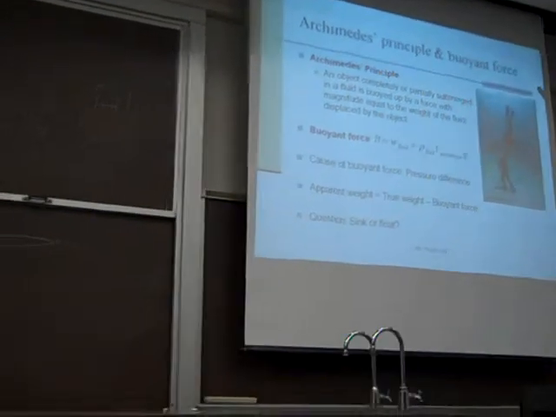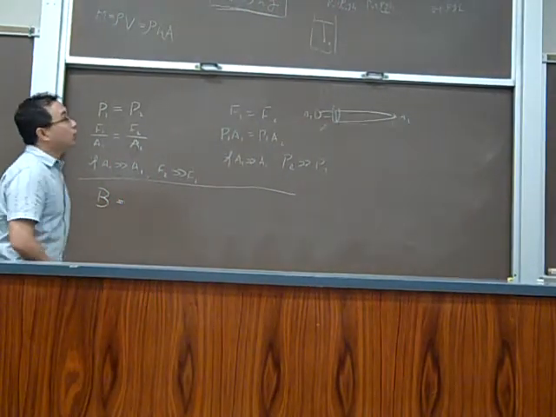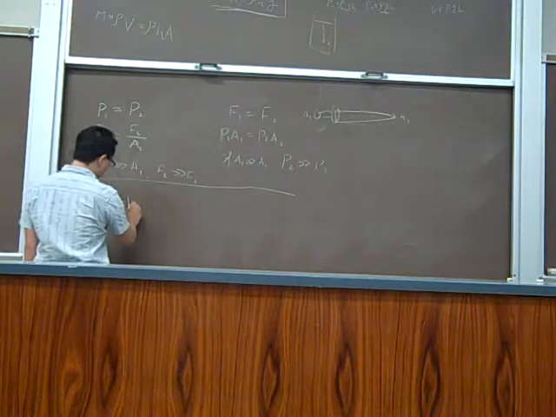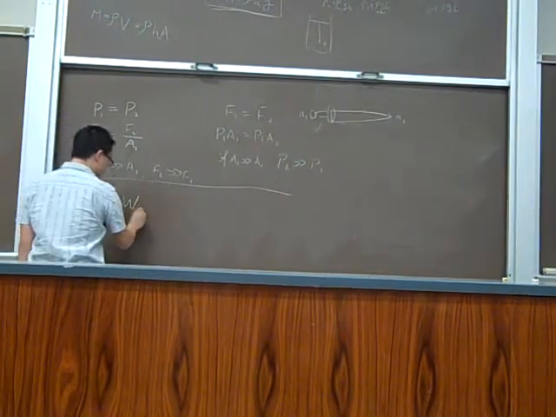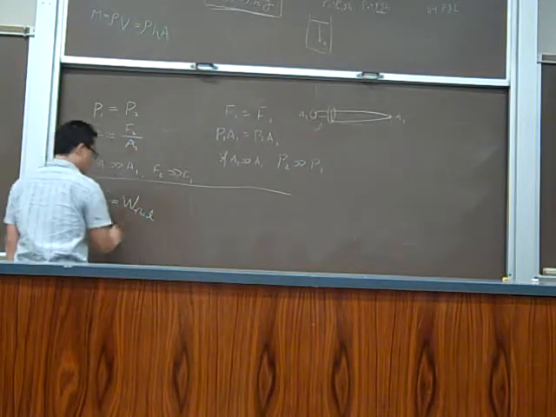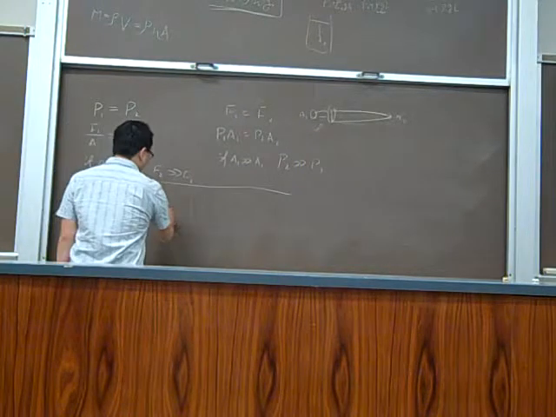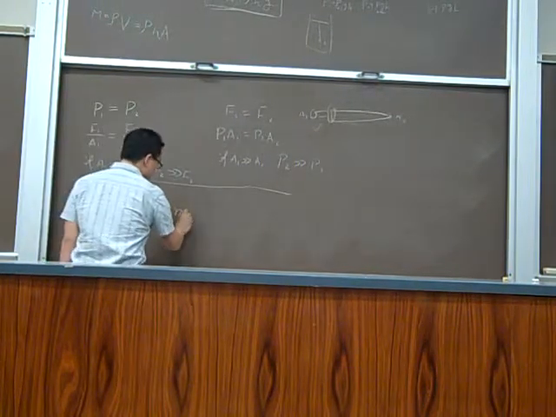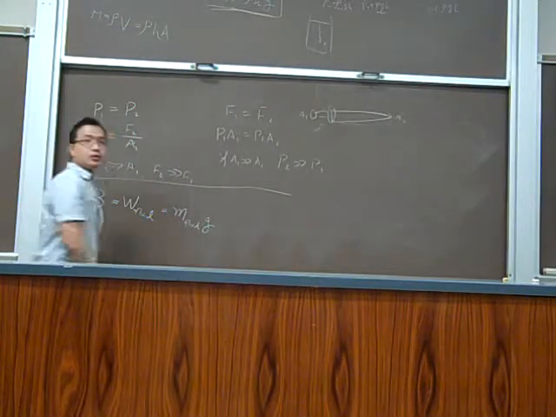So it says that the buoyant force B equals the weight of the fluid displaced by the object, and the weight equals the mass of the displaced fluid multiplied by g.